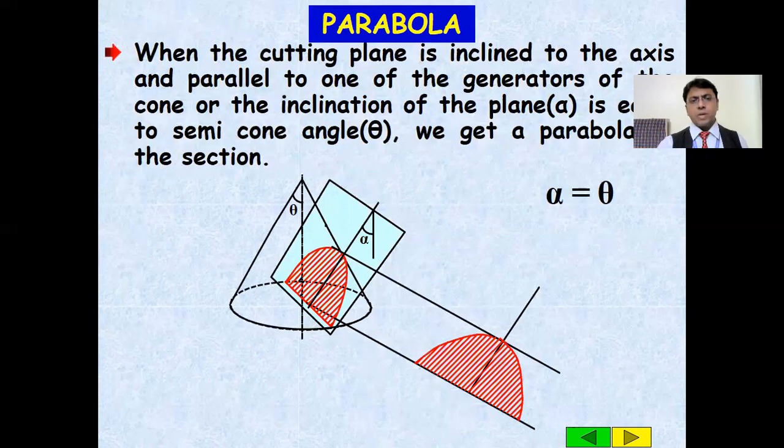Similarly, the parabola. Suppose the cutting plane is inclined and it cuts one of the extreme generators and the base. So the remaining part of the cut section, where the alpha angle and theta angle are the same. If the angle is the same, the outcome is going to be a parabola as the obtained curve.